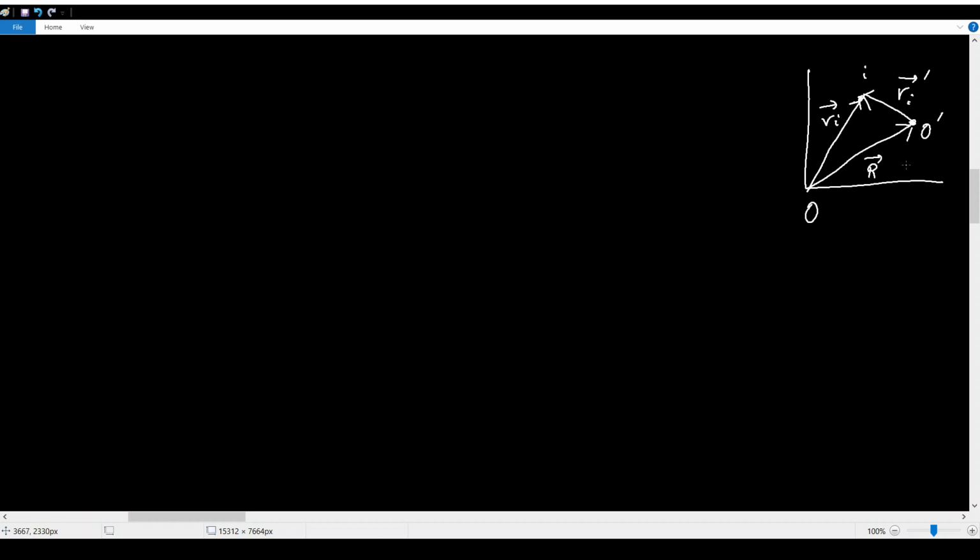So we have defined Ri prime as the radius vector of i from the center of mass.